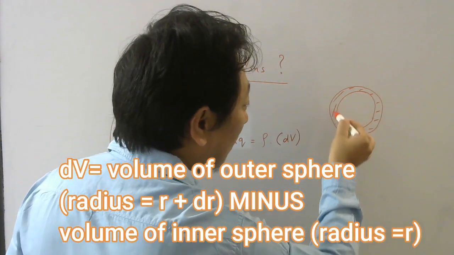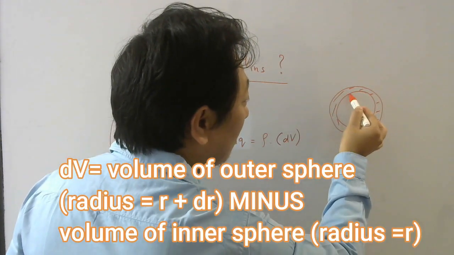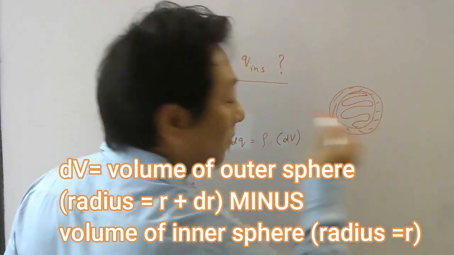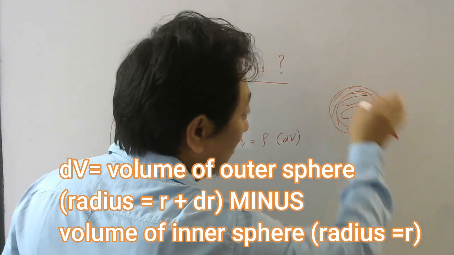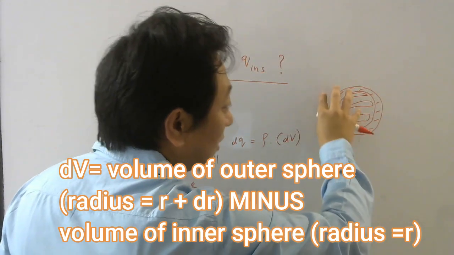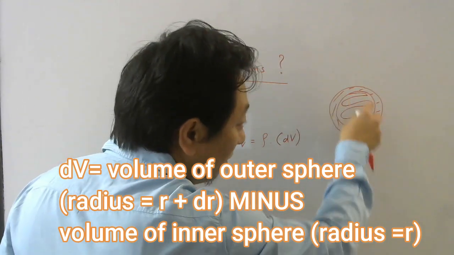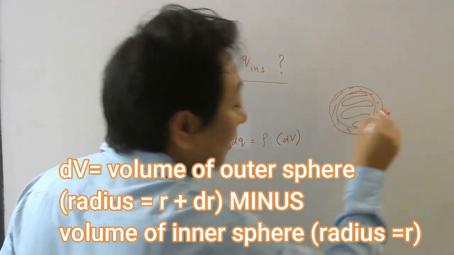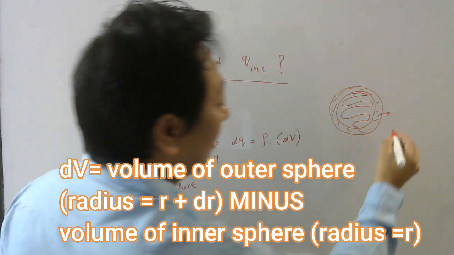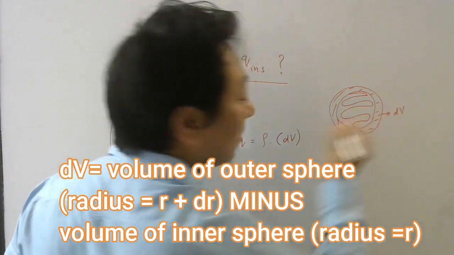So if I consider this sphere, then this will be the volume. And if I consider this sphere, this will be the volume, the entire region. So if I subtract this volume from this inside volume, I will get this volume. So this is basically a small change in the volume, and that's why we are writing dV.